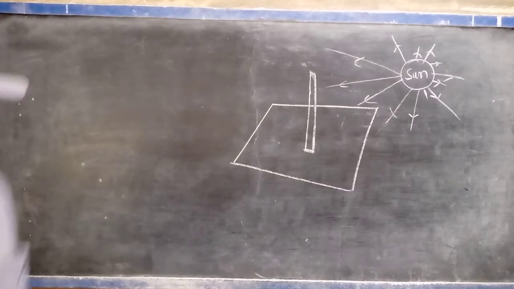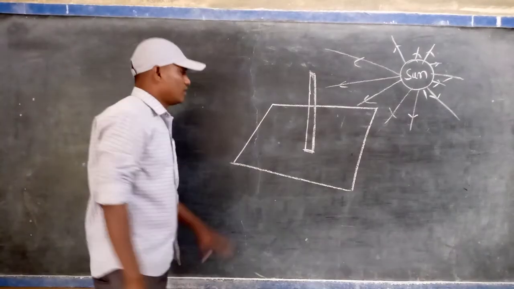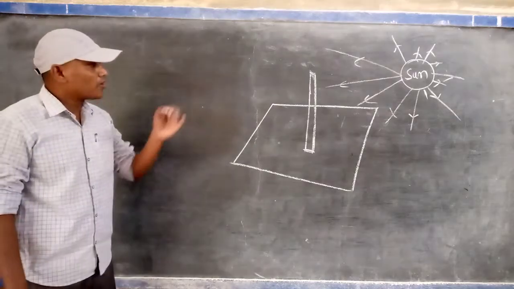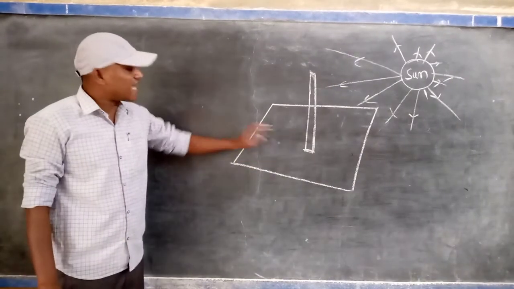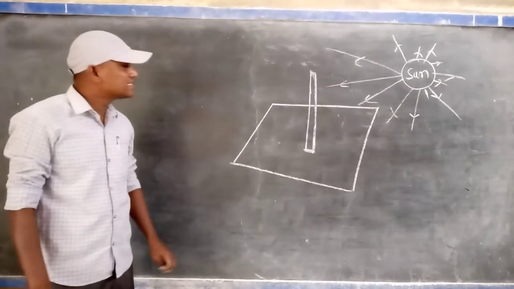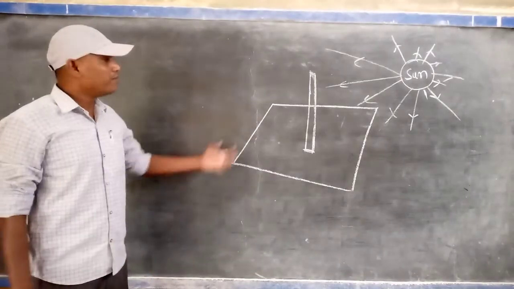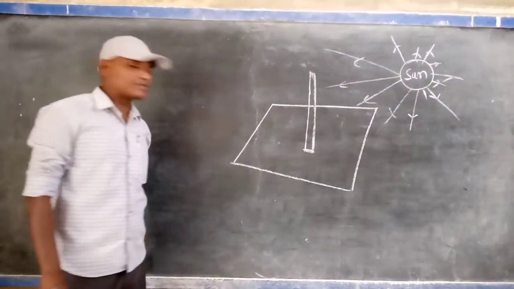So you are observing that. With the help of this activity you can easily find the local noon time based on the shadow concept.